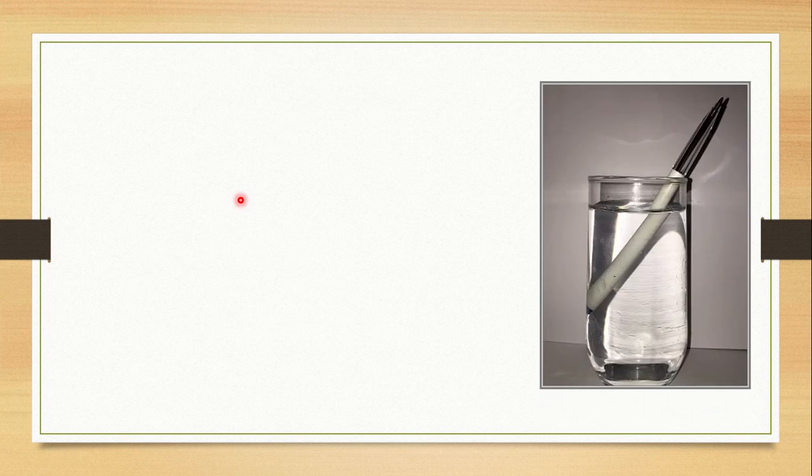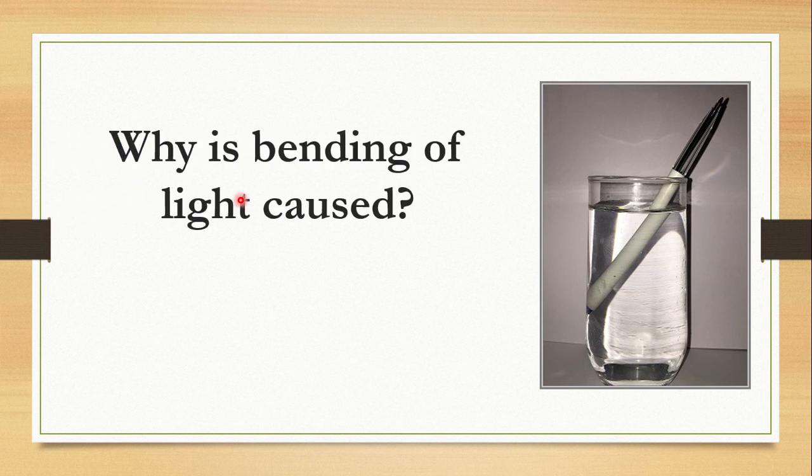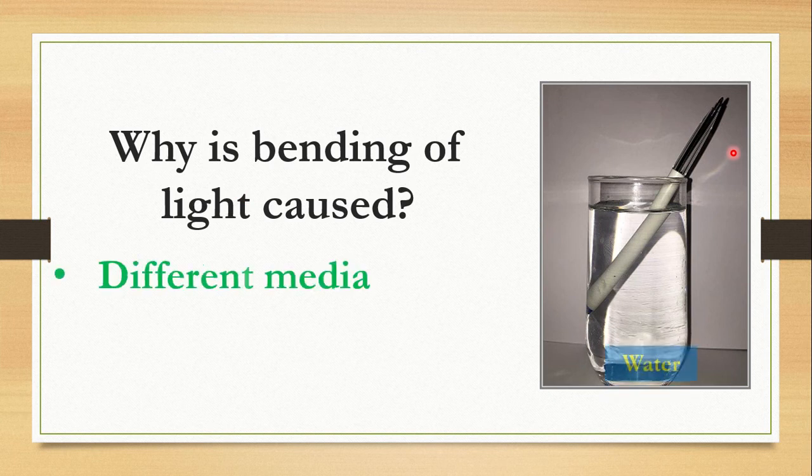So when I take the image that I showed you earlier, a pen is immersed in the water. We know that there is a bending of light, but we have to understand why this bending is happening. Yes, because it has different media. How different media? Just see, here it is the water and above it is air.